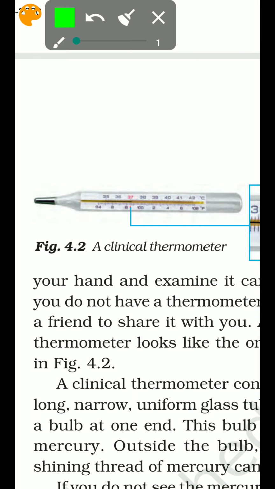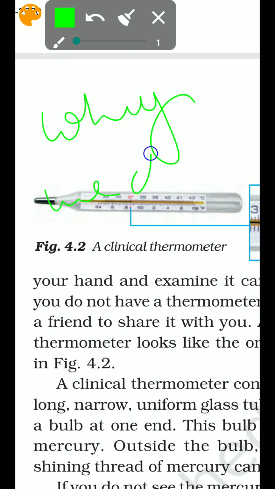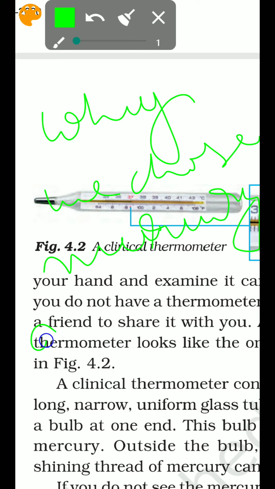Now two more things we have to discuss about this thermometer. The first one is why we choose mercury as the thermometric liquid.